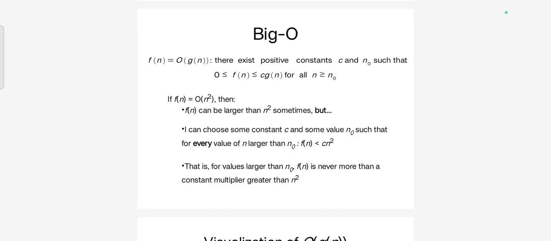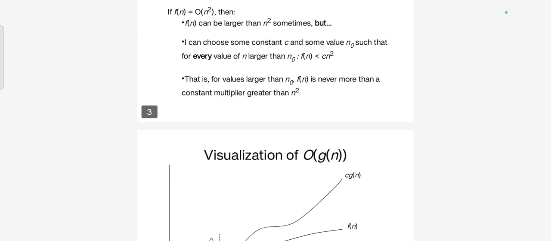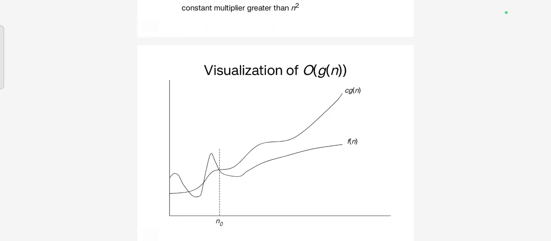So we'll choose some constant c and also the value of n naught. So for every larger value of n, we will have f of n less than or equal to the constant times n square. So this is the overall visualization of big O of g of n.